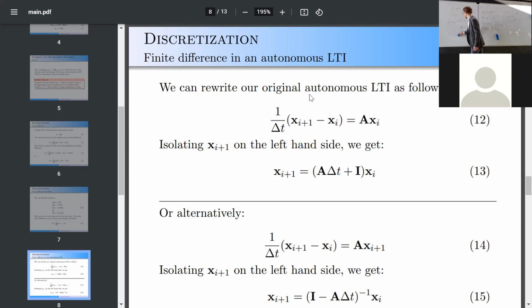Now, how will it make it different? Well, now when I collect my x sub i plus 1 here, minus x i equals delta t times A times x sub i plus 1. I put this guy here, and I get identity minus delta t times A, multiplied by x sub i plus 1, equals x i.